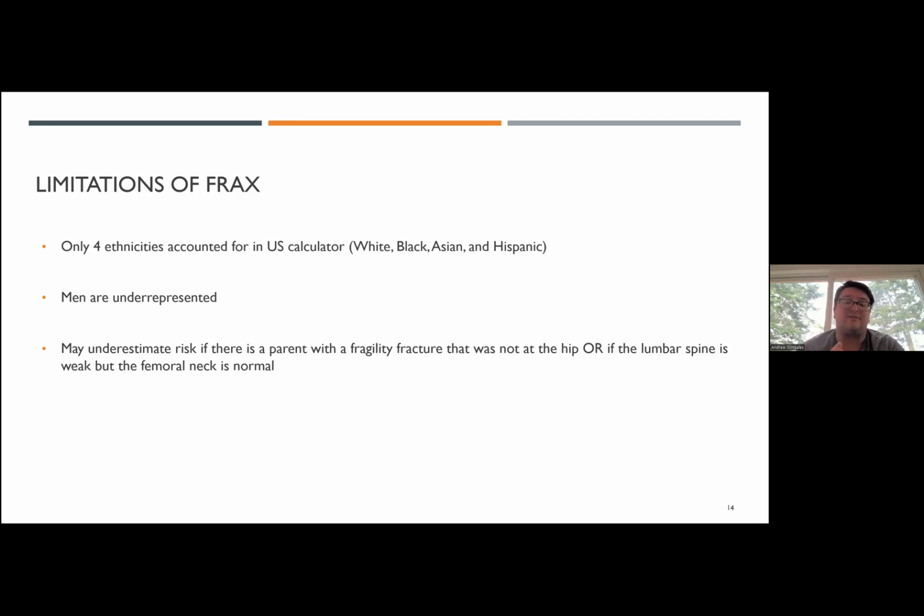And because of those specific parameters, you may underestimate risk for fragility fracture in people who have not had a previous hip fracture, because that's one of the options there, or if the lumbar spine is weak, but the femoral neck looks okay on our screening modalities. So, useful tool, not a perfect tool, is my main point there.